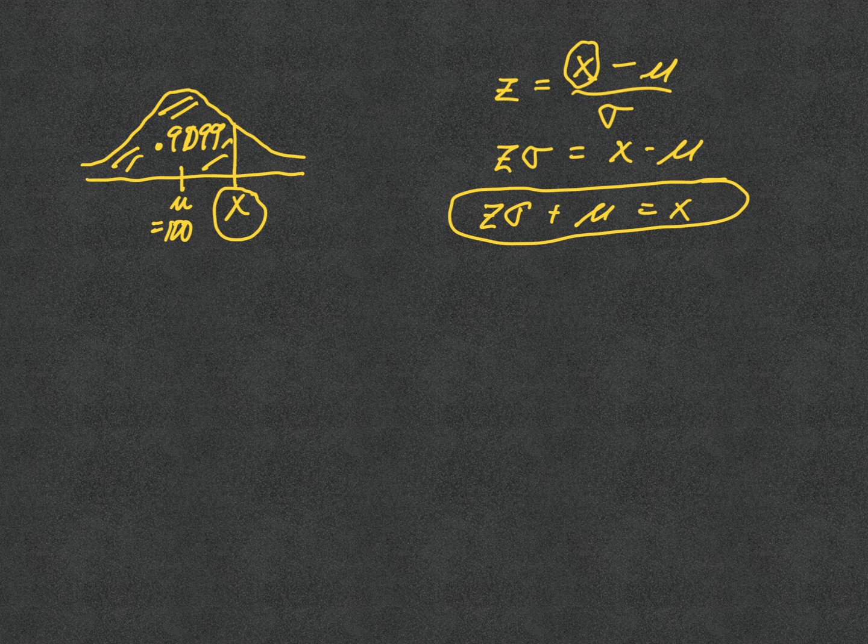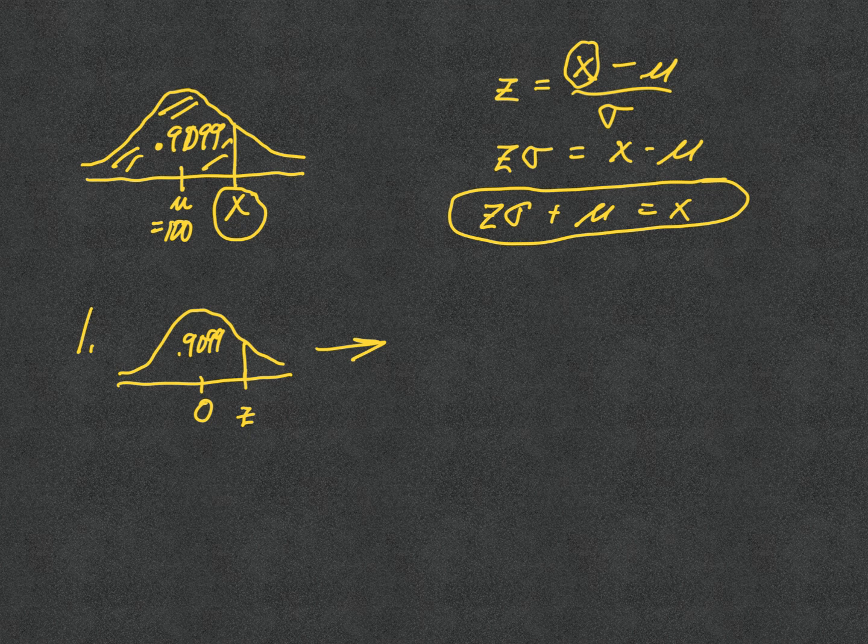So what are the steps on this? Well, I draw the picture. I essentially draw the same picture, but on the standard normal curve, and I want to find the z that has 0.9099 probability. Well, this is really easy to find because I can get that directly from the table, okay?